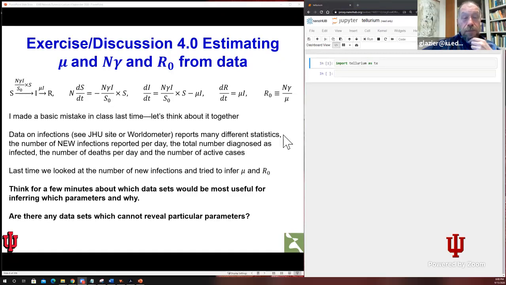And in particular, you might ask the question, are there any of the data sets that are out there that you can't use to estimate the things that we want to find out? So this is sort of a thought exercise more than anything else, but let me give you just 2 or 3 minutes to think about that question.